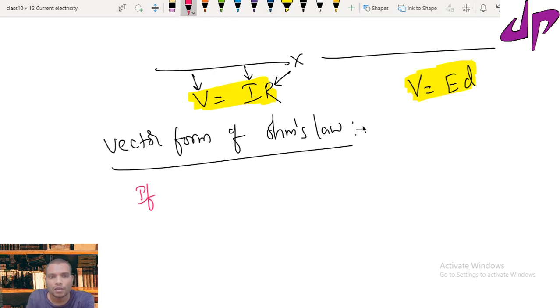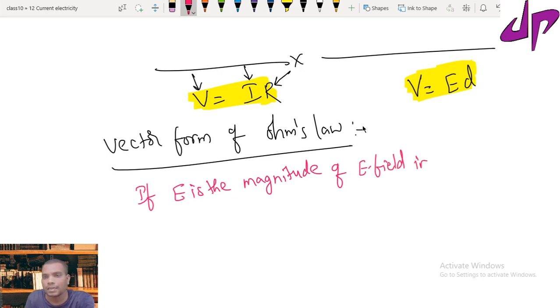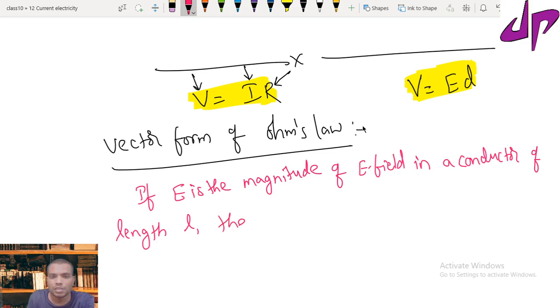If E is the magnitude of the electric field in a conductor of length L, then the potential difference across its ends can be written as V equal to ED.